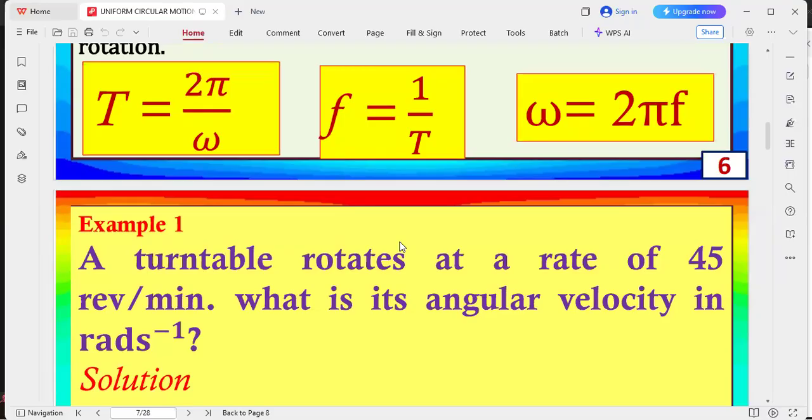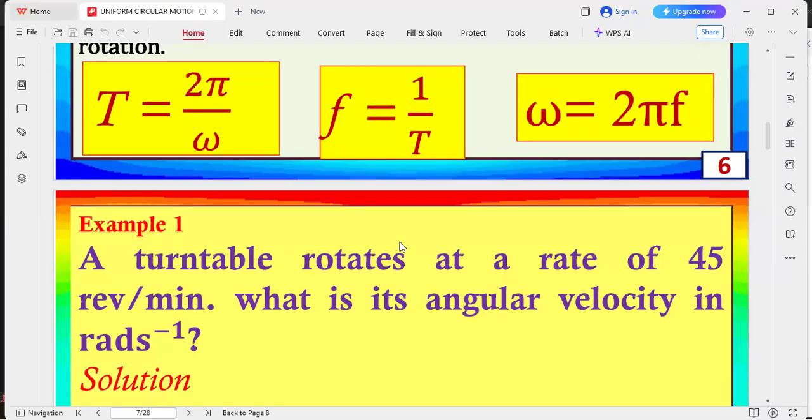Fourth, omega equals v over r. We don't have v, neither do we have r. So we are limited to either omega equals 2 pi over T or omega equals 2 pi f. So the first thing you do is find the frequency or periodic time.